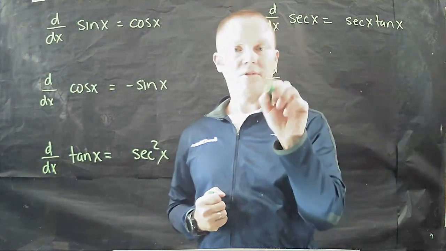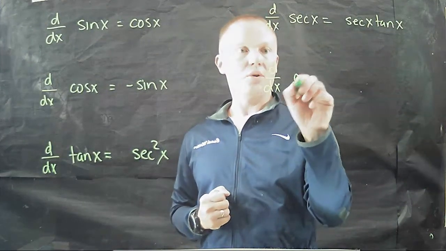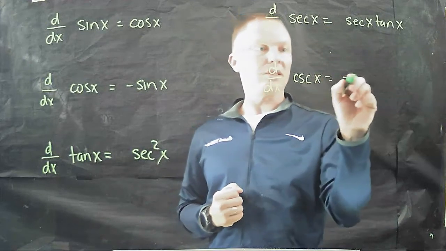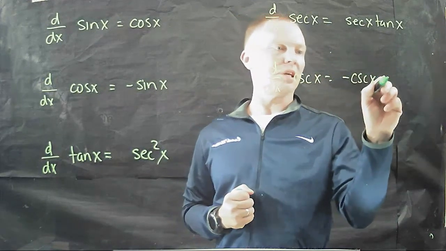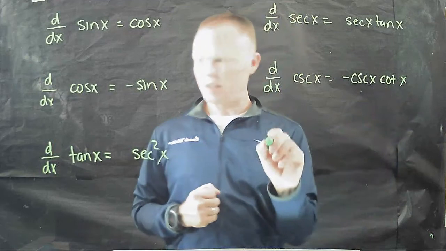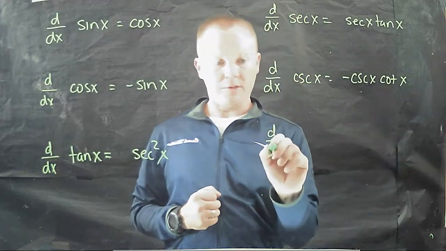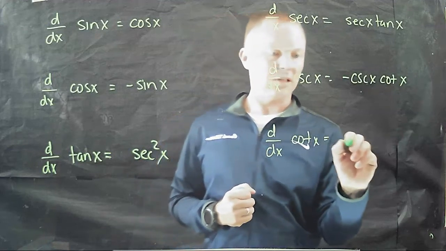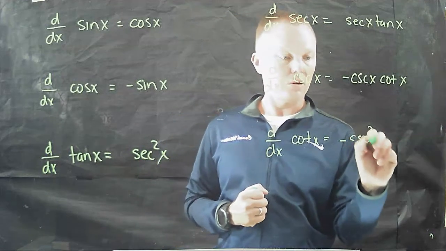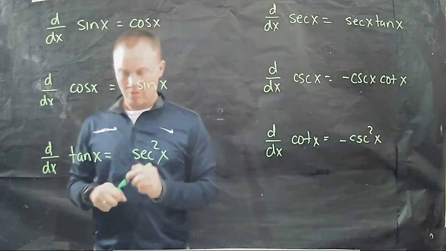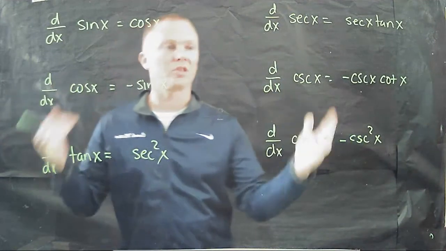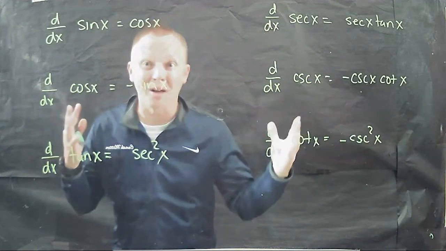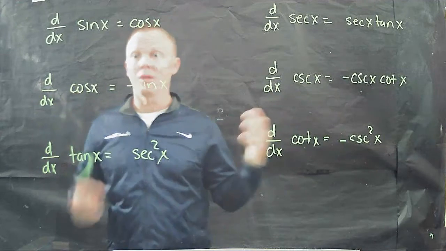The derivative of cosecant x is negative cosecant x cotangent x, and the derivative of cotangent of x is negative cosecant squared of x. Okay, so there's the 6 trig functions and their derivatives. You got to memorize these. You got to own them. You got to know them, love them.